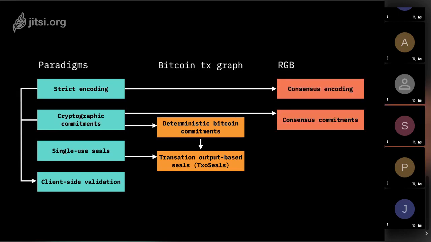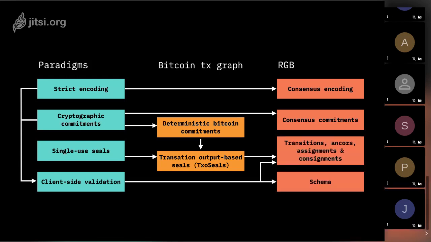Next, we use strict encoding and cryptographic commitments to create parts of RGB named consensus encoding for RGB and consensus commitments for RGB. And next, we use, again, transaction output-based seals to build state transitions and different structures of the RGB protocol. I will be covering them later in more detail.